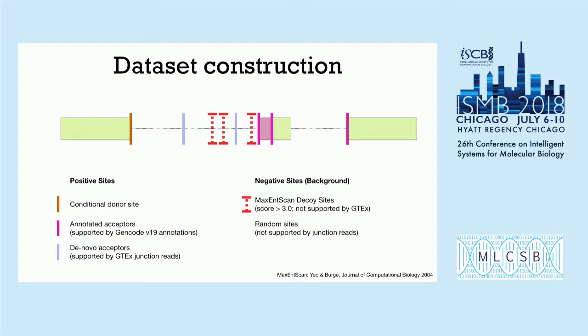These are essentially false positives that MaxEntScan makes, but for example, they could be decoy splice sites that have a strong consensus motif, but have a silencer motif nearby that inhibits that site. And those are exactly the kinds of things that we want to learn. And for the second type, we are essentially just scanning and picking random sites that will look very, very different from real splice sites.